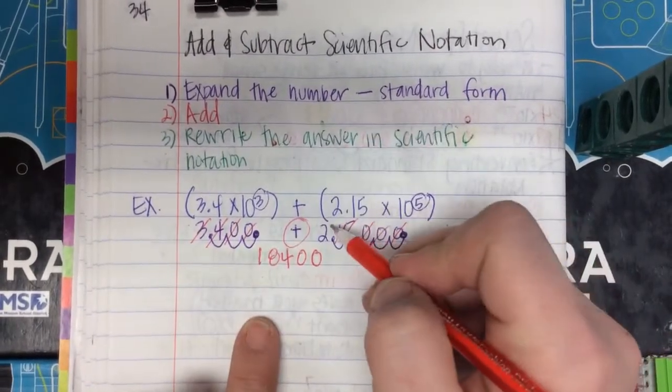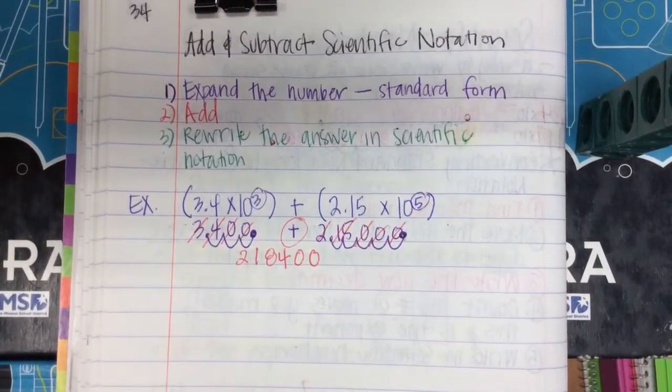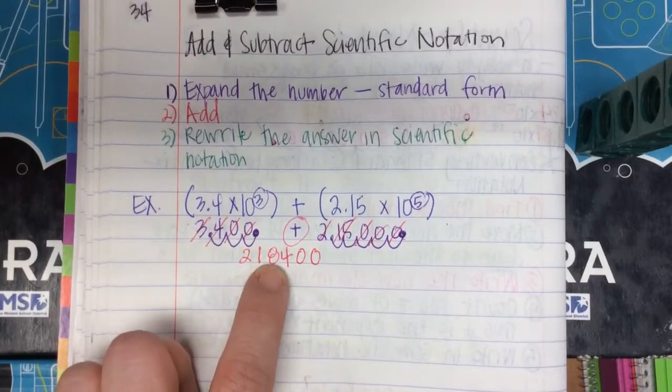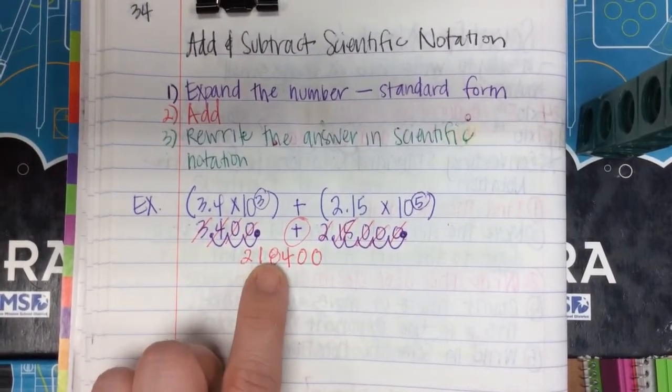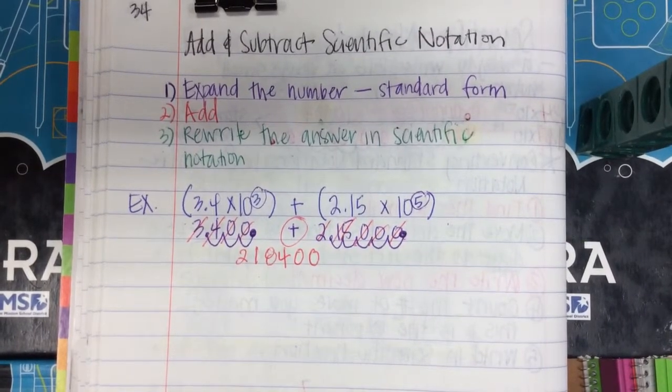And 2 plus nothing. So here's my answer. 218,400. Is that my answer? Am I done? No.